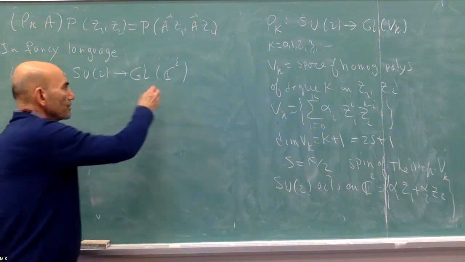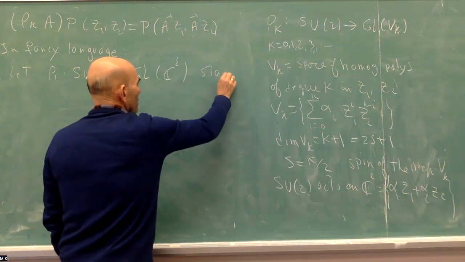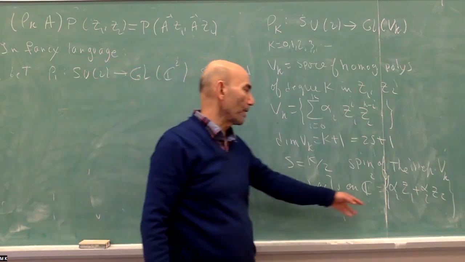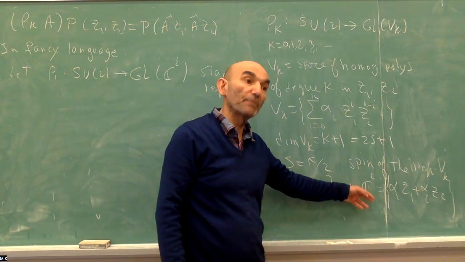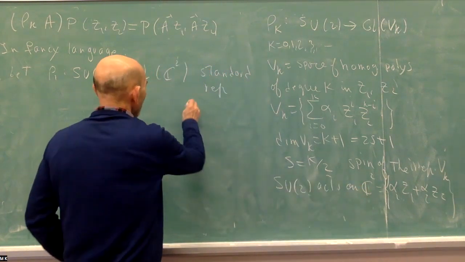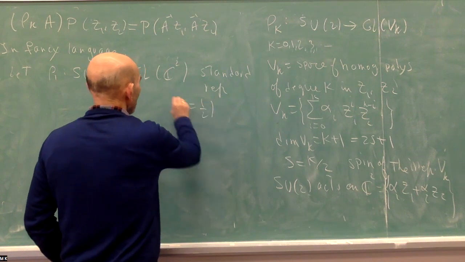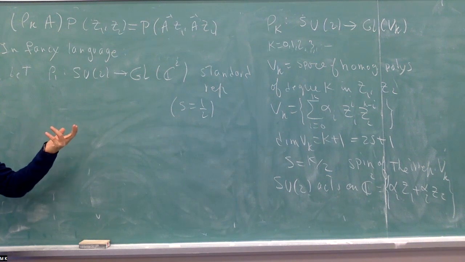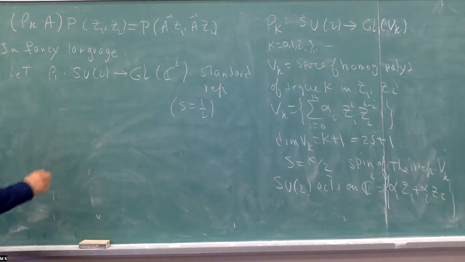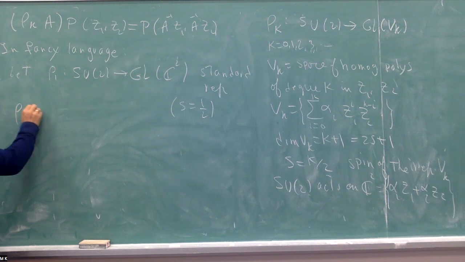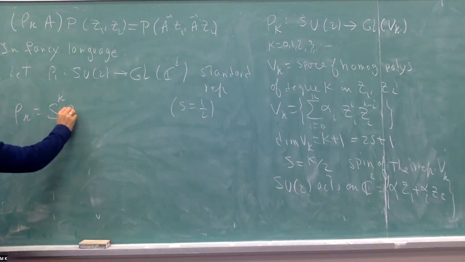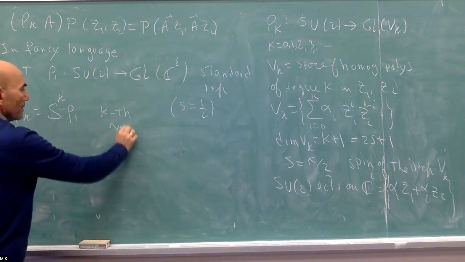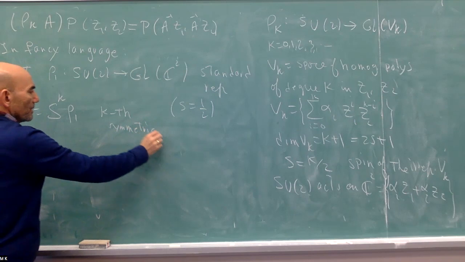This case corresponds to spin 1/2, s equal to 1/2. So this is rho 1. Now, what is rho k? Rho k is the kth symmetric power of rho 1: rho k equals Sk of rho 1.